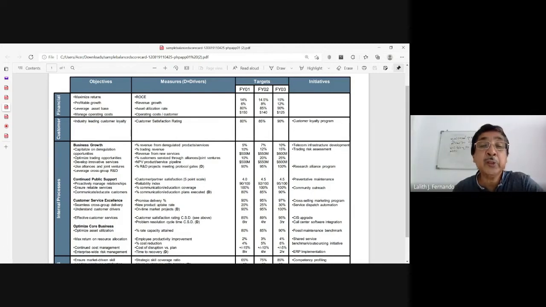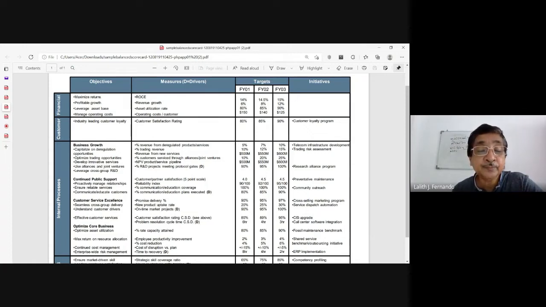So there you have the measures, percentage rate of capacity attained. That means capacity optimization, asset utilization. If you can have a very high rate of utilization. Now here we go for a target of 90% in year 3.